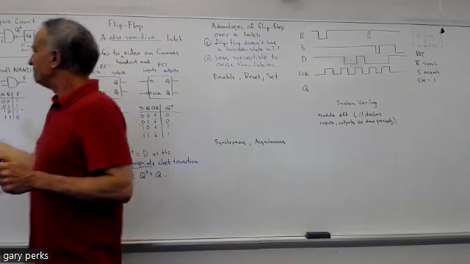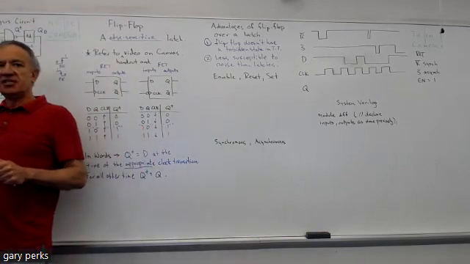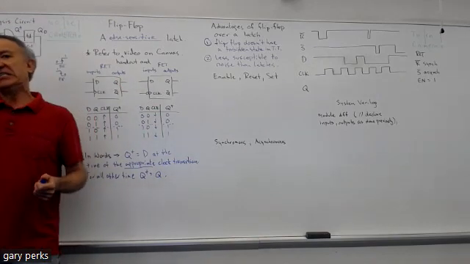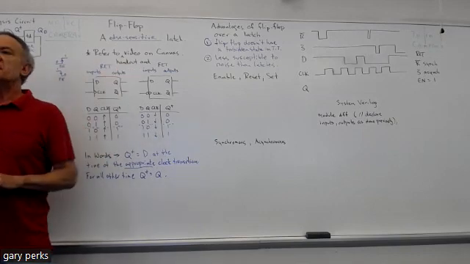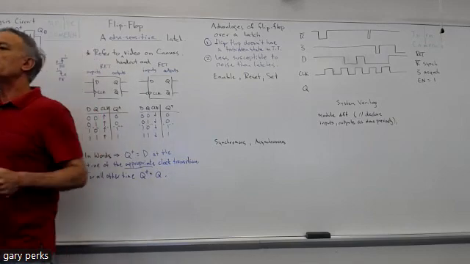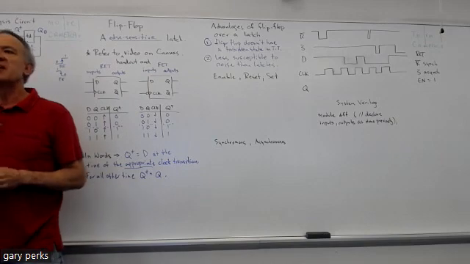Well, latches, the output values depend on levels of voltage. And as I've said before, we think of zeros as being an exact amount of voltage and a one being another exact amount of voltage. But in reality, if you have a voltage that's below a certain amount, we call it a zero, and if it's above a certain amount, we call it a one.